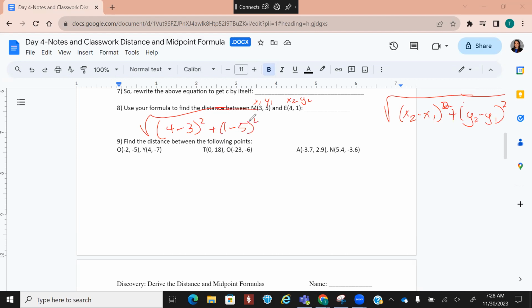Questions on that? Okay, and we simplify. So that's going to give me the square root of 1 squared plus negative 4 squared. When we simplify that, that's going to give us the square root of 17. Yay! Questions?